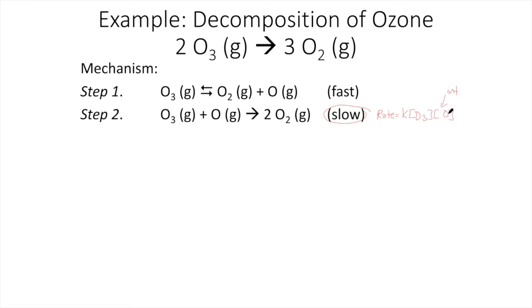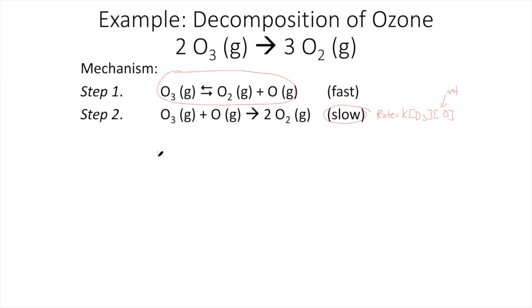So I need to find some way to get rid of this oxygen atom term. But the nice thing is it shows up here in this reaction, and I can use the equilibrium constant expression for this reaction and rearrange it to express it based on that concentration of oxygen atoms.